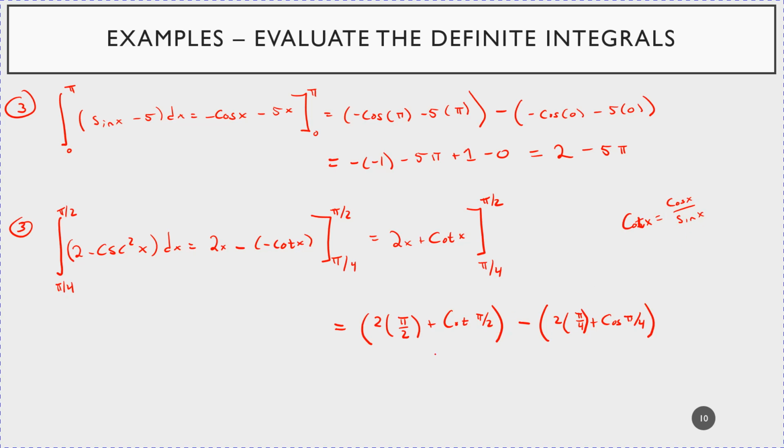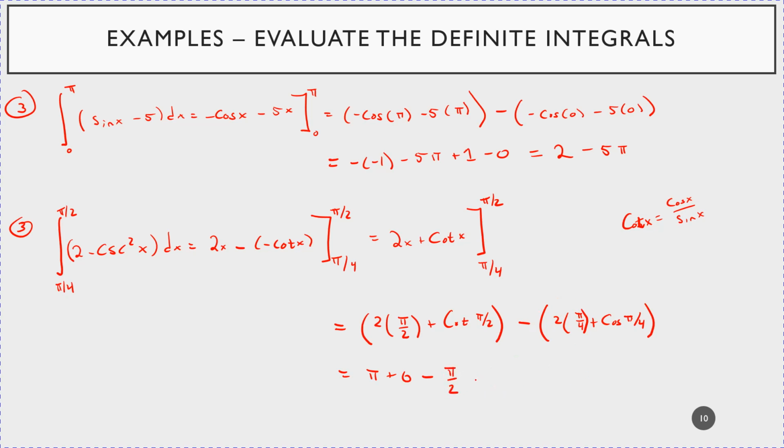Okay. 2 times pi over 2 is just pi. Cotangent of pi over 2, well, cosine of pi over 2 is 0, and this is 1, so this is 0. Minus, here, this becomes 2 pi over 4 or pi over 2.